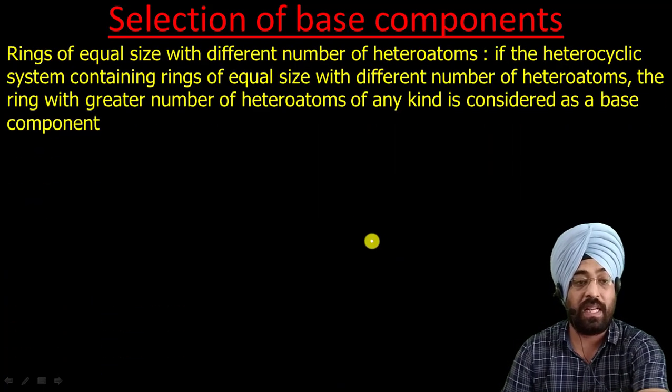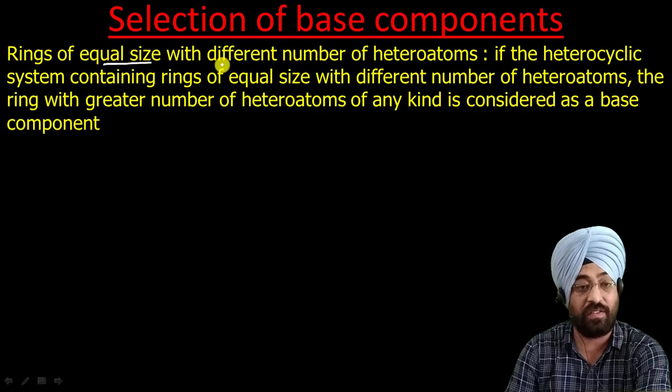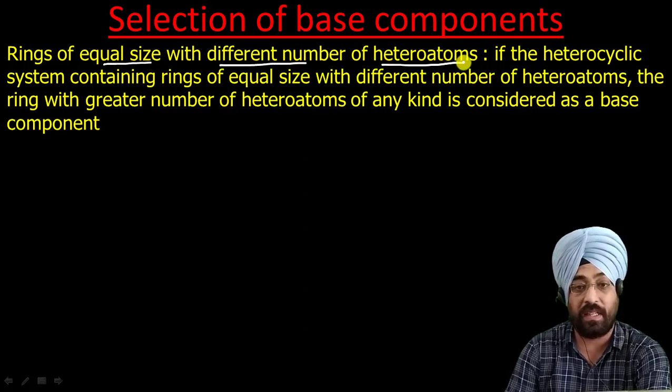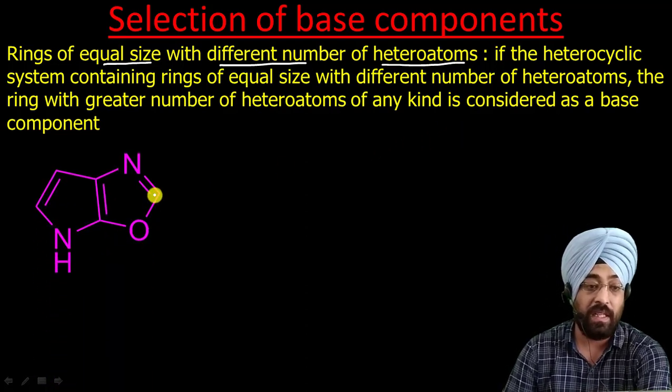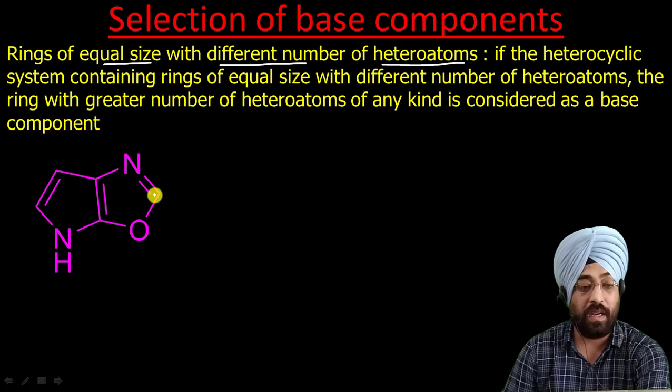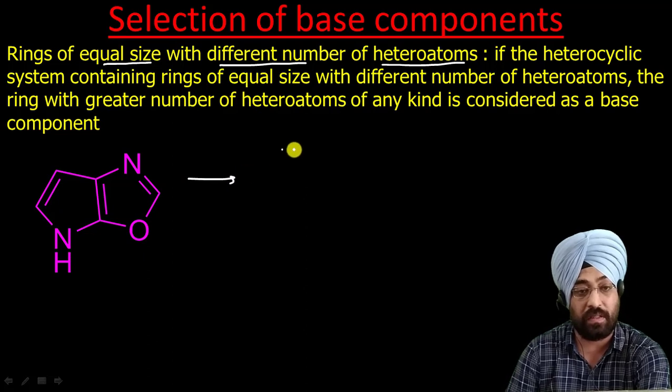Now what is the next rule? Now it says rings of equal size but with a different number of heteroatoms. One ring has a lesser number of heteroatoms and another ring has a higher number of heteroatoms. Now you can see this compound contains two rings and both are 5-membered rings.